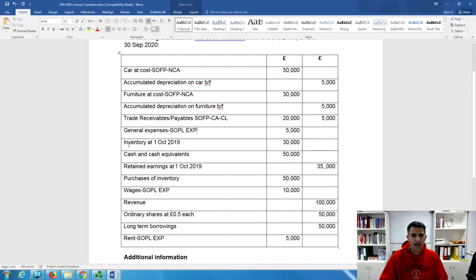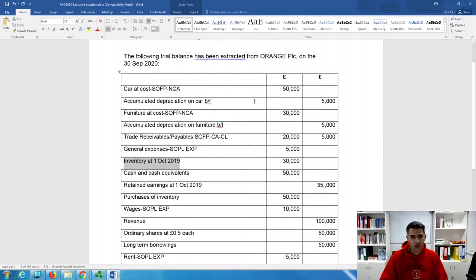Next one, we have inventory at 1st of October 19. So remember, the end of the financial year for the business is 30th of September 2020. This means that if you go back 1 year, the financial year starts on 1st of October 2019. So what does that mean?